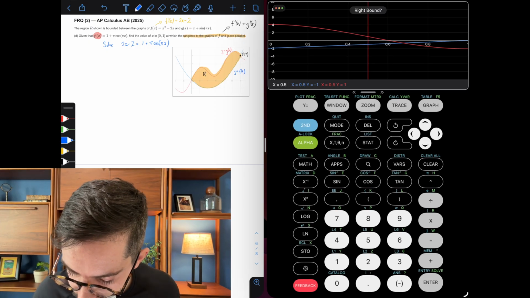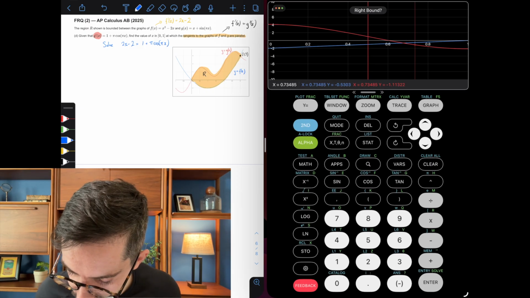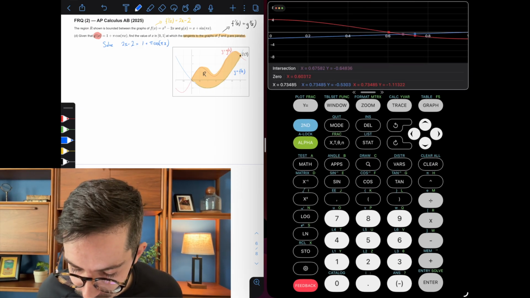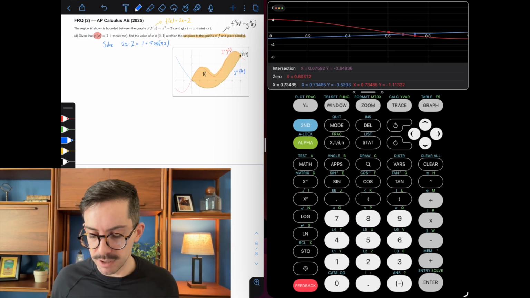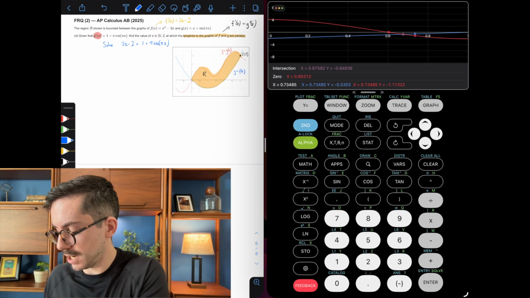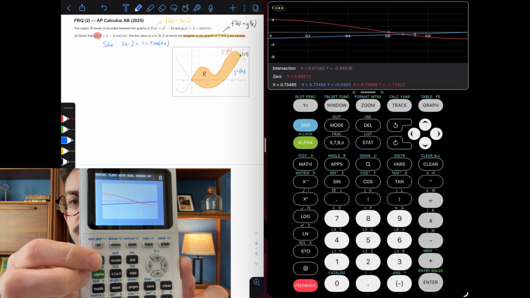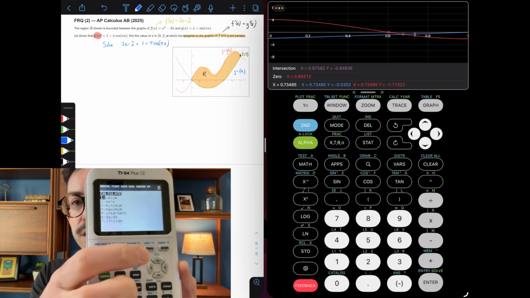It asks me for a left bound and then a right bound. So I'll move over and sandwich like that. It gives me this intersection at x equals 0.676. On your calculator, it's similar. You're going to hit second, calc, trace.